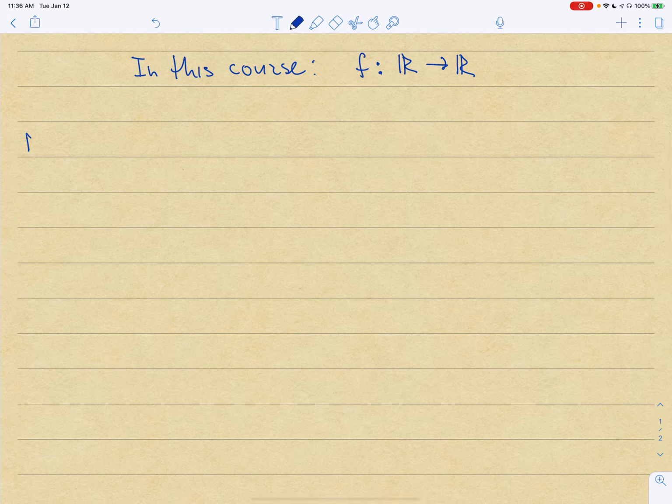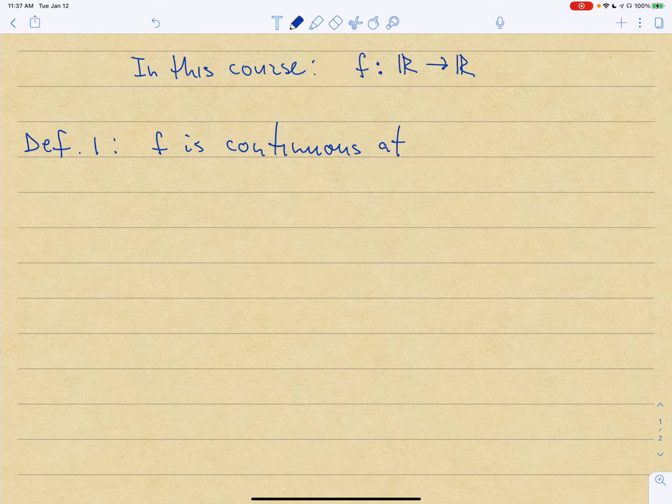Definition number one, f is continuous at x0 that belongs to the domain D of your function if, so I'm going to write the definition first and then we'll discuss this.